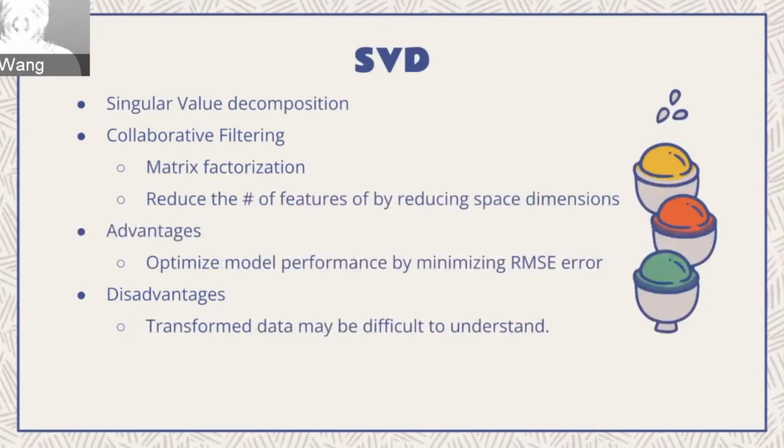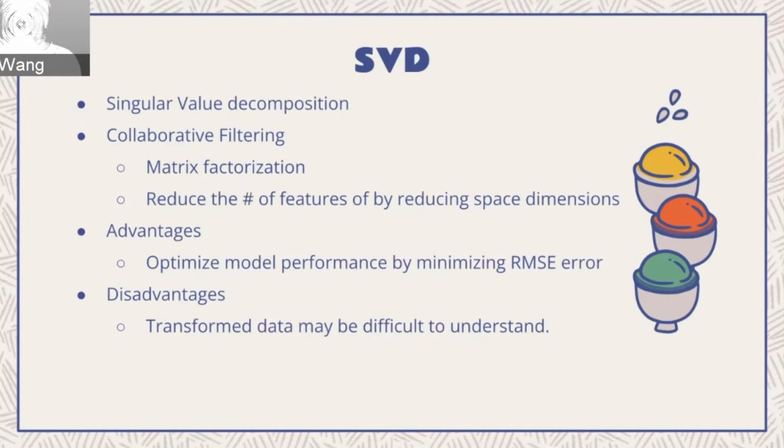The second algorithm, or model, is called SVD, which stands for Singular Value Decomposition. It is also a collaborative filtering algorithm using a matrix factorization technique. The key is to distill data into essential components, or saying it reduces the number of features by reducing space dimensions.